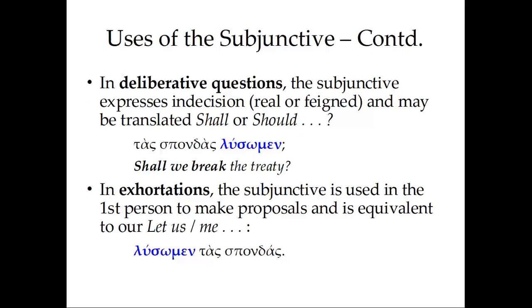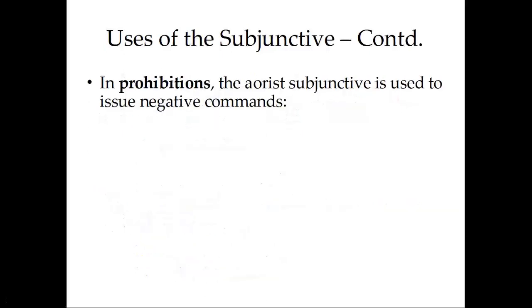First of all, it's not a question. We also happen to see the word order changed a little bit to reflect, perhaps, the different sort of speech act. So this is, again in the plural, let us break the treaty. Not shall we break the treaty, but let us break the treaty. An exhortation. We see the aorist subjunctive here.